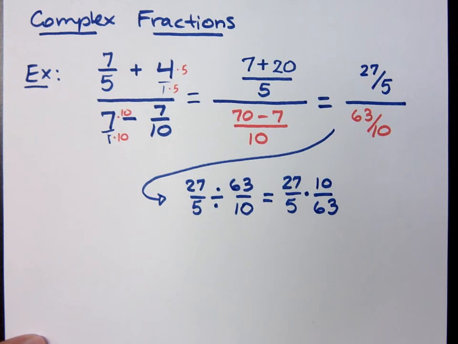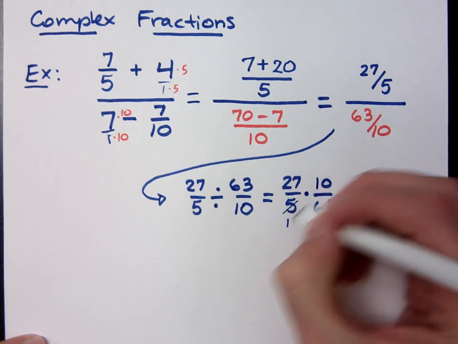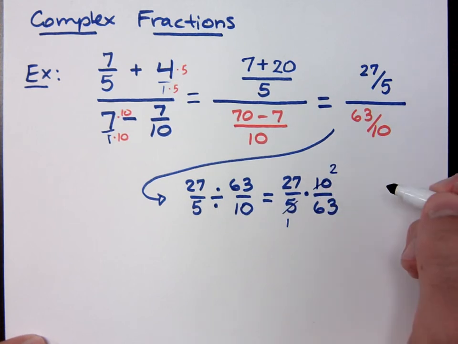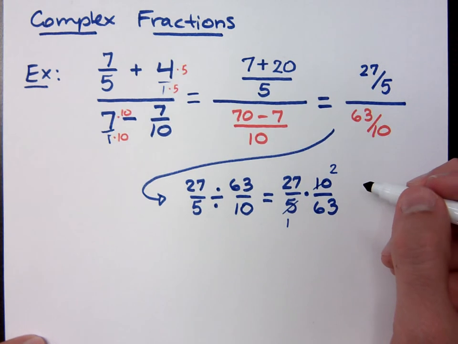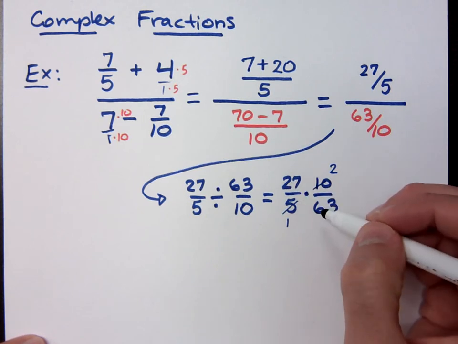And we need to reduce this before we multiply, make our lives easy. How can I reduce this without a calculator? 5 and 10 can reduce to become what? 1 and 2. Is there anything else that can reduce before I go on? 27 and 63 have a common factor of what? 3.